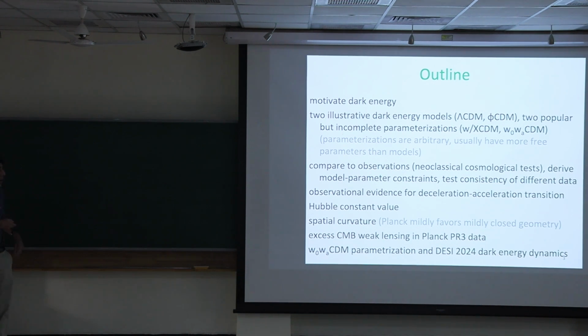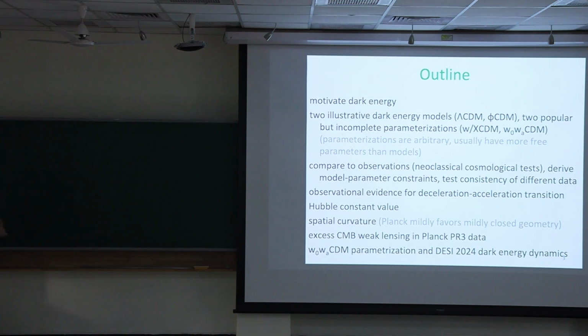We're going to take these models, make predictions for things that can be measured, and compare to those predictions. And so we'll get constraints on the parameters of these models. Then I'll talk a little bit about the transition from when dark matter and baryonic matter dominated and we had decelerated expansion, to the current epoch when we get accelerated cosmological expansion.